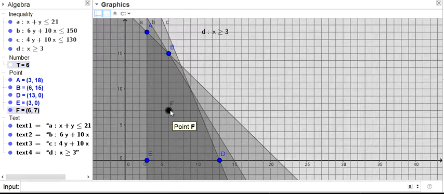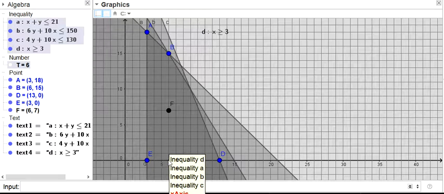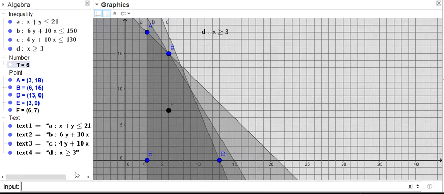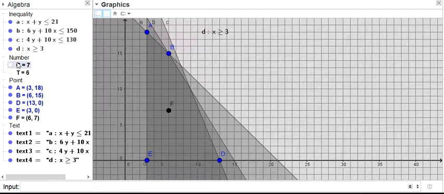And if I look at this, the F value here is 6. So I've got 6 acres of tomatoes. Then I can do the same thing with corn. I'm going to say the acreage I plant in corn is the y value read from point F also. And now I've got corn and I've got tomatoes.